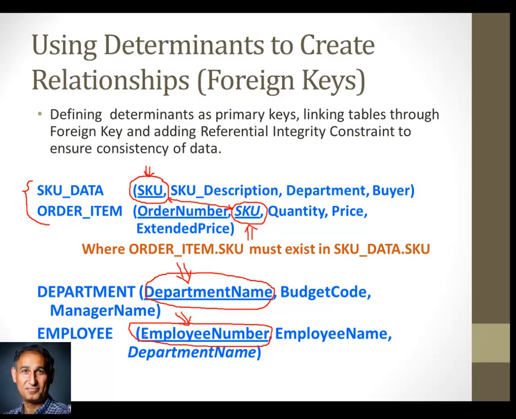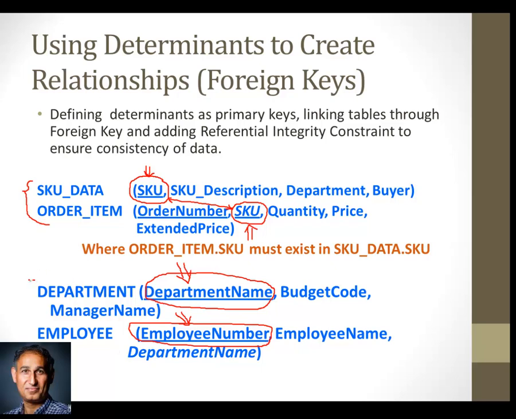So my determinant is employee number, and it can determine other attributes such as employee name and department name. Based on that, it could be a primary key, and I can underline it.